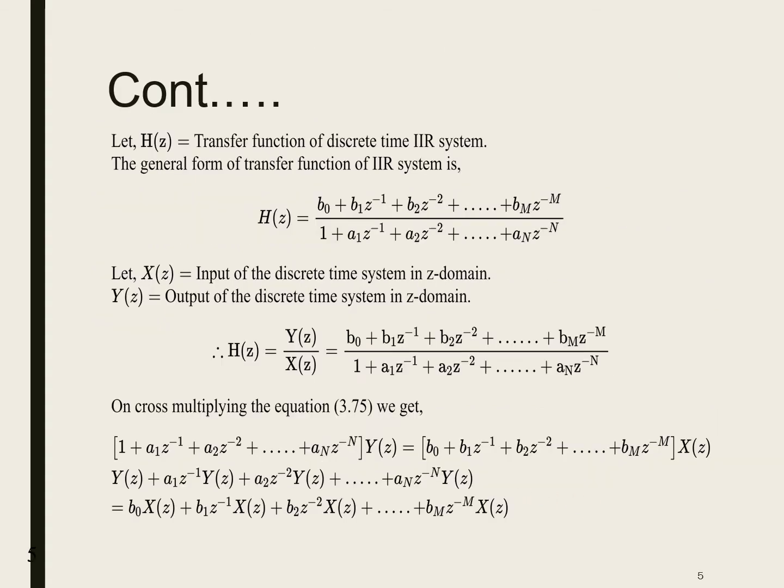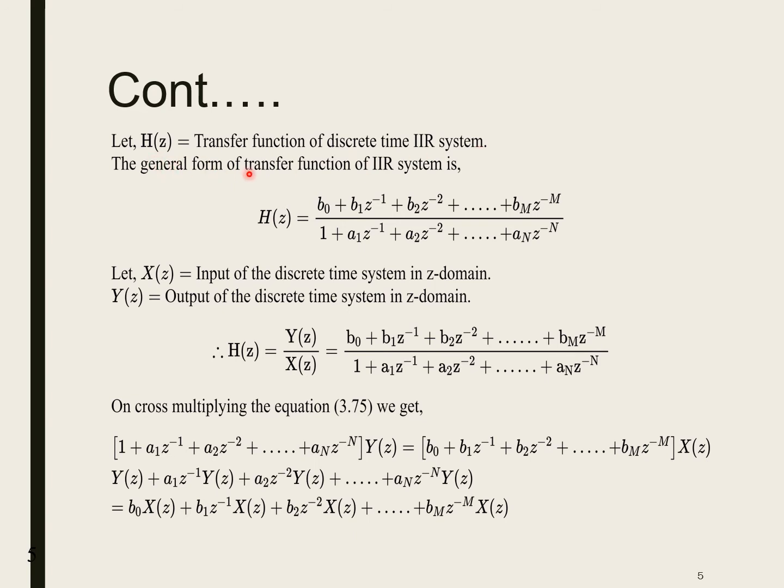So we'll continue to the actual mathematical representation of a difference equation. We have already seen what is H of z and we are familiar with this z domain. Okay, so H of z is actually the transfer function of discrete time IIR systems.